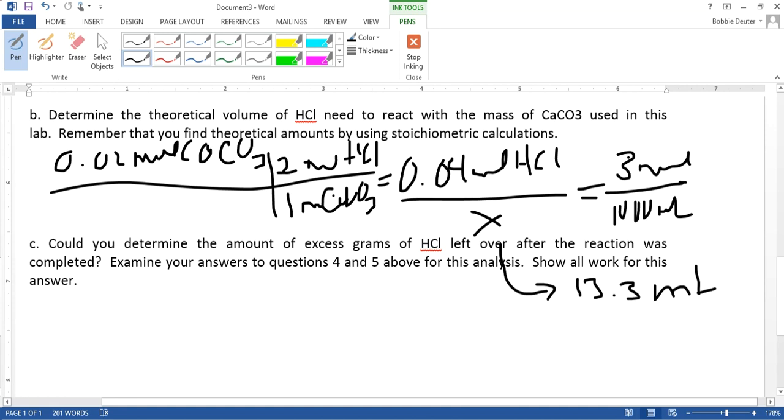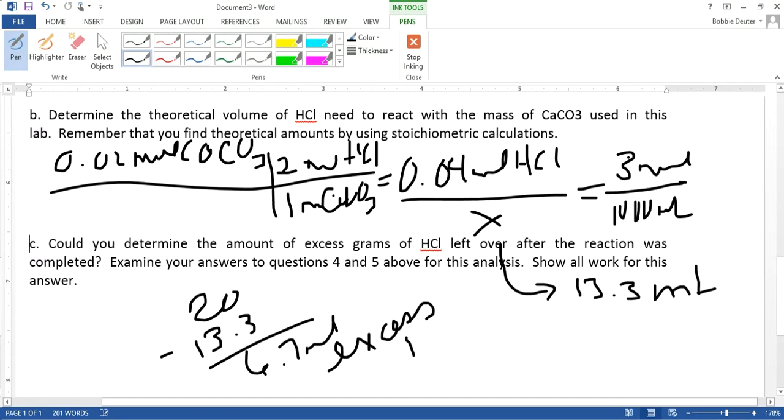Well, according to you guys, you said you had 5 milliliters left over. So if we take 20 minus 13.3, we actually had 6.7 milliliters excess HCl. You guys said in question 4 and 5 that you had 5 milliliters excess.